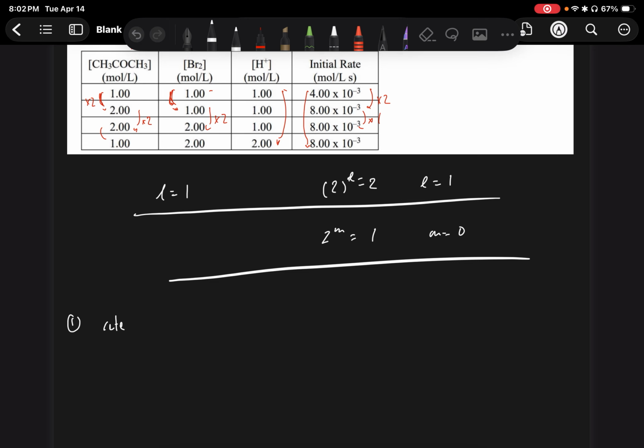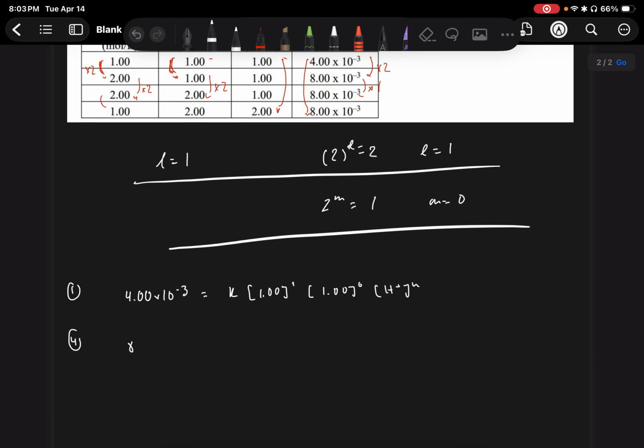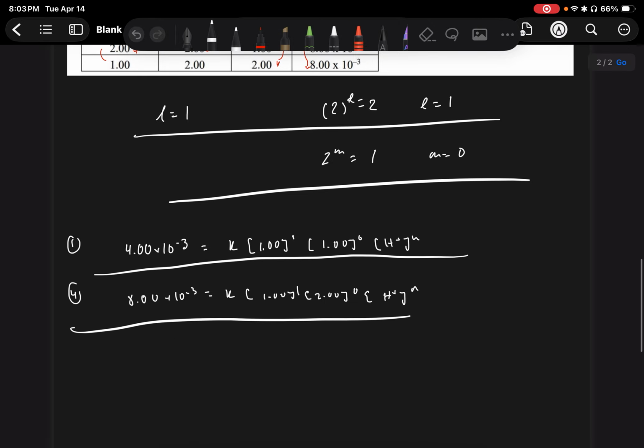Okay, so I'll use 1 here. Now I just divide these two, I believe.